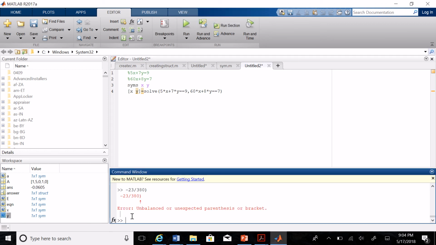So if you don't want it in fraction form, you type double and then this fraction you got here. And then you can have it in this form, basically.